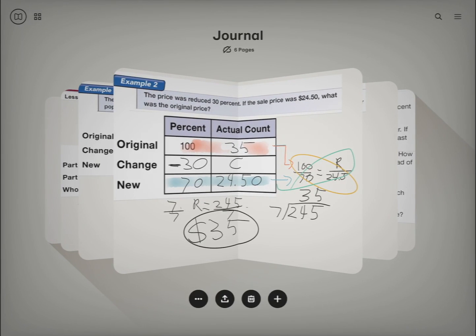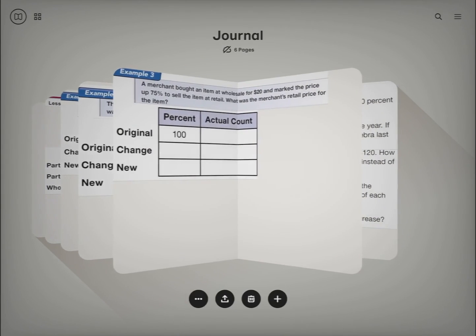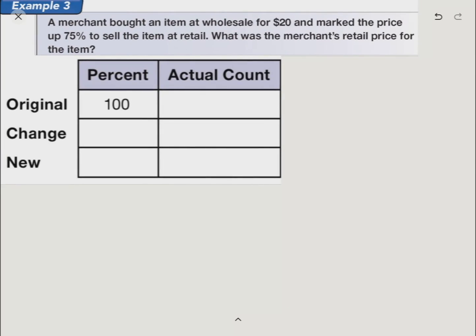Now, if at this point you wanted to get up and do a little exercise and come back, I would not blame you at all. But here we go. Example number 3. A merchant bought an item at wholesale for $20. So that will be our original.